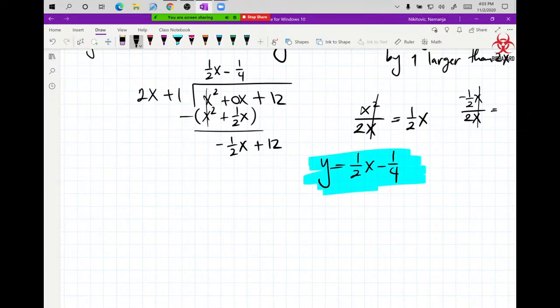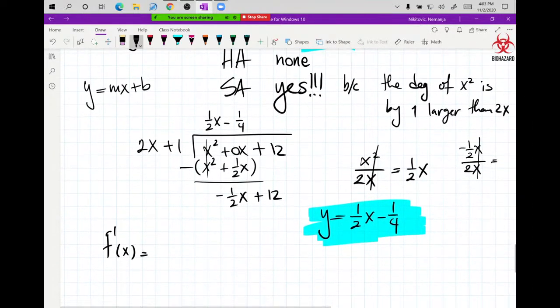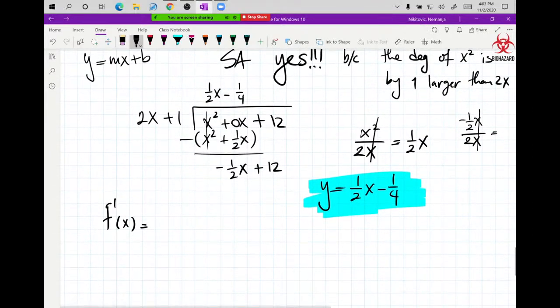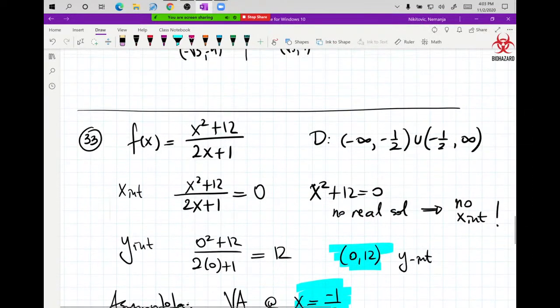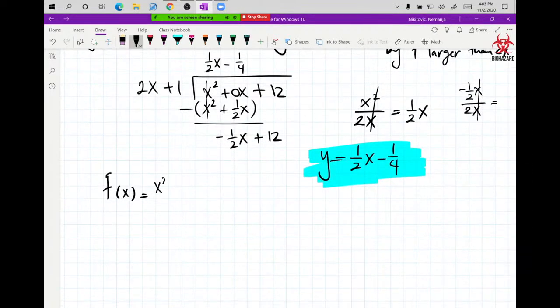Time for calculus. The first derivative, and then the second derivative after that. So now, what is the first derivative of our problem? You know what? Let's write f first, because I don't want to scroll up and down. x squared plus 12 over 2x plus 1.